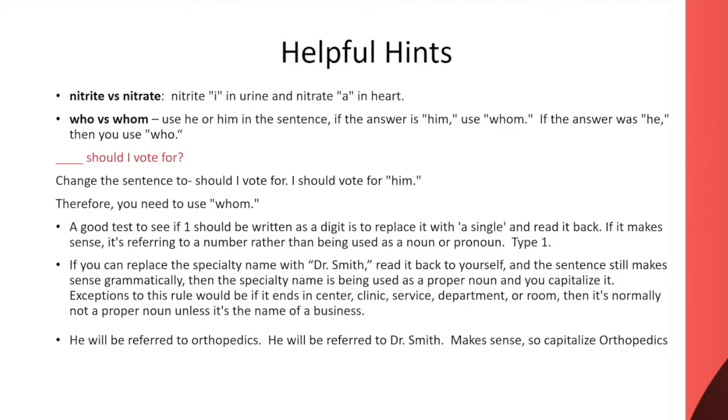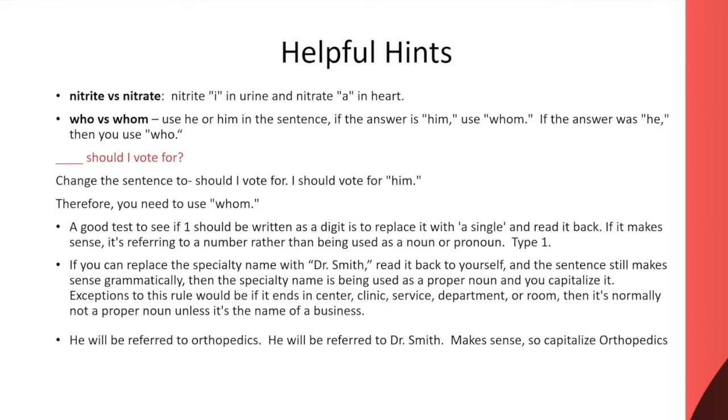So ask yourself, should I vote for him or should I vote for he? Well, of course, should I vote for he doesn't make sense at all, right? So should I vote for him? That makes sense. So therefore you would use whom. So whom should I vote for? Everybody have that straight in their mind now? I'm sorry, I get all balled up myself trying to explain it, for goodness sakes.